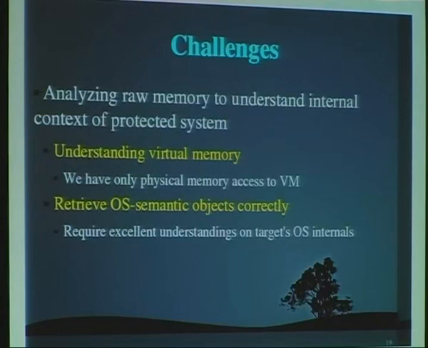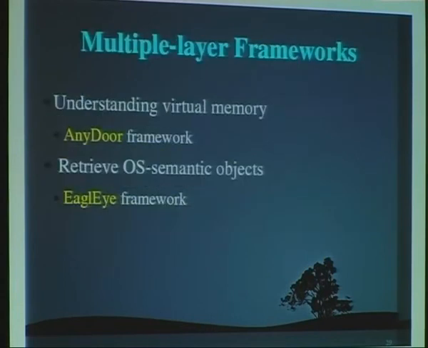The second part, after you can understand the virtual memory, you have to access the virtual memory and get the OS semantic objects from the virtual memory of the virtual machine. Of course, for this part you need a very good understanding of the operating system of the virtual machine. So there are two problems: how to understand the virtual memory and how to get the OS semantic objects from the virtual memory of the virtual machine.